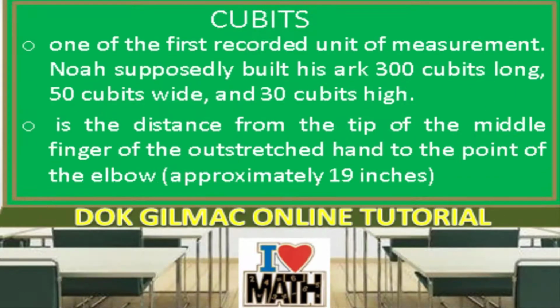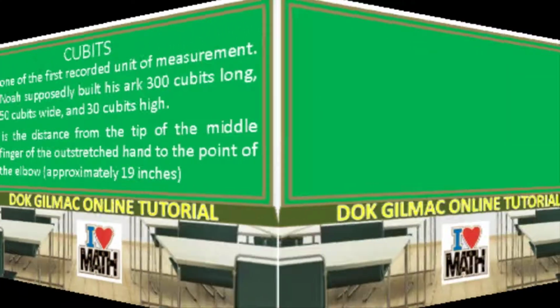Cubits. One of the first recorded units of measurement. Noah supposedly built his ark 300 cubits long, 50 cubits wide, and 30 cubits high. It is the distance from the tip of the middle finger of the outstretched hand to the point of the elbow. It is approximately 19 inches.